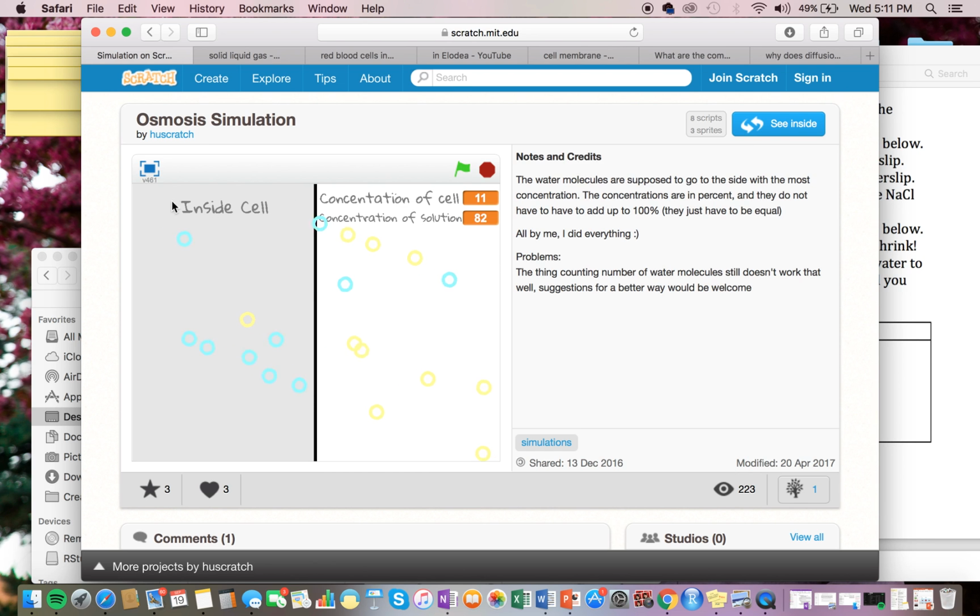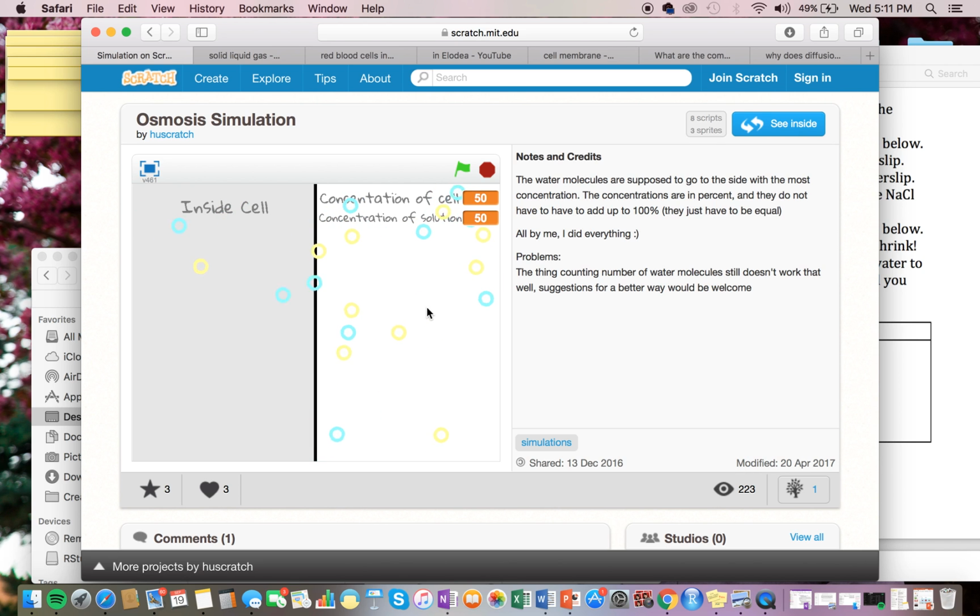Okay, so this is inside the cell. It only has one salt, and this salt can't pass through the membrane. What can pass through the membrane is water, and see how these water molecules are kind of moving randomly through? So due to random motion, water molecules tend to distribute equally over time.